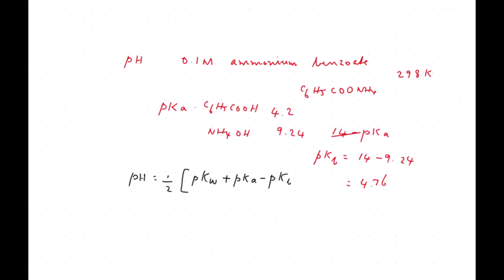So it is half into 14 plus pKa of the acid, 4.2, minus the pKb of the base, 4.76. So when you do the calculation, you will be getting 6.72. So 6.72 is the pH of ammonium benzoate when the pKa of benzoic acid is 4.2 and that of ammonium hydroxide is 9.24.